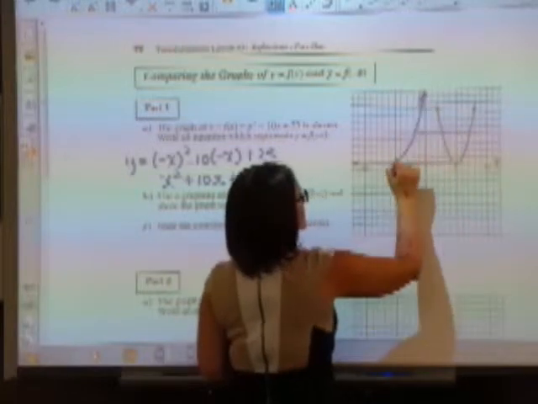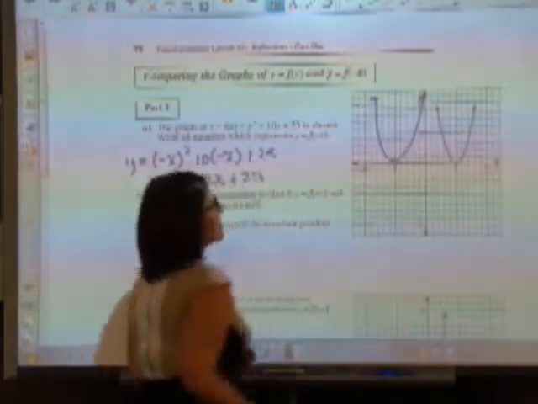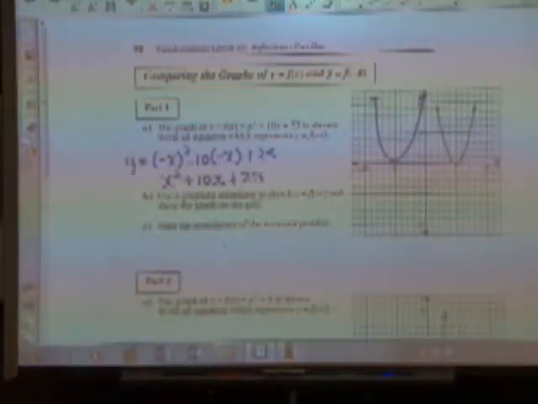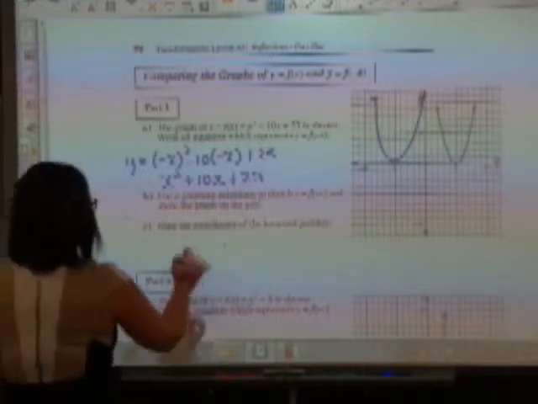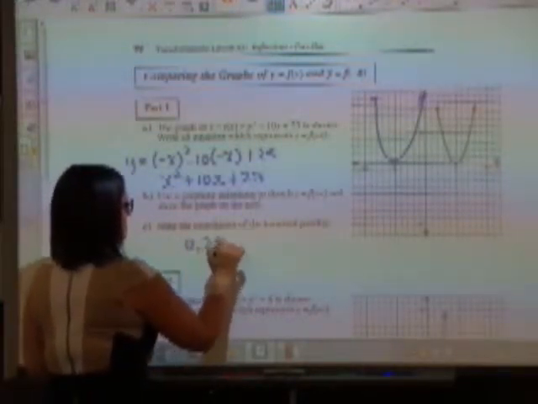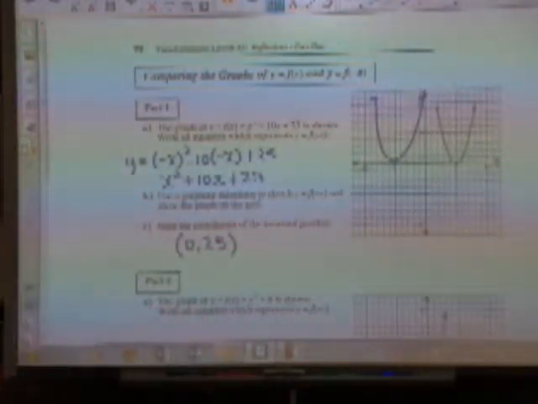And then it looks like that. Can you find an invariant point on that graph? 0 and 25. Okay. You would have had to adjust your window settings so that you could see where it crossed that y-axis.